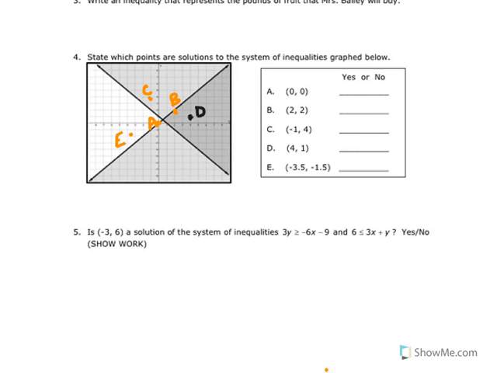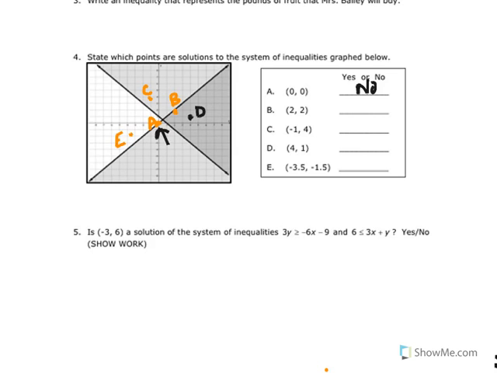Okay, so I've gone ahead and plotted the points. So here's point A right here. It's on a solid line, but it's not in the double shaded area, so that one is no. Not a solution. If it was on the solid line up here or down here where we're in the shaded region, it would be good, but that one is not. It's only in half shaded.